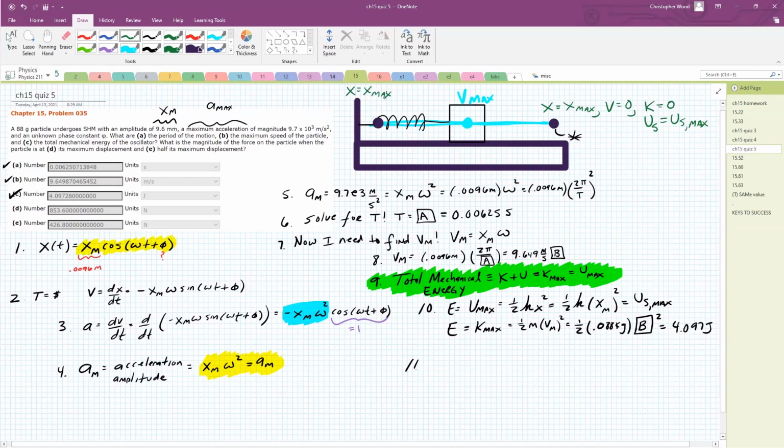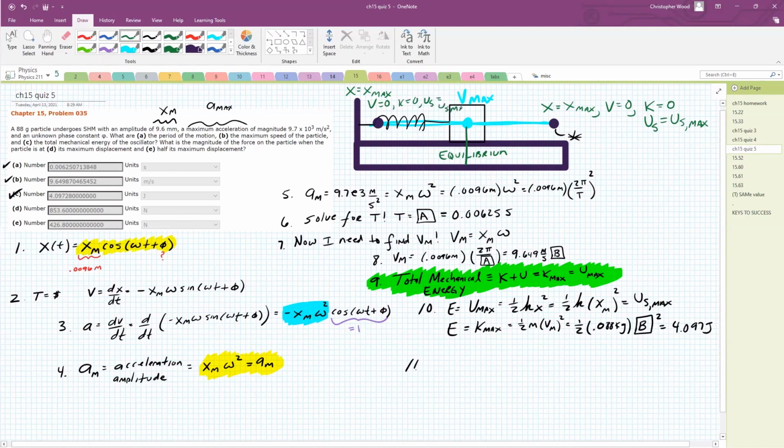I can see why you would, but amplitude is basically saying, what's the magnitude of the displacement with respect to the equilibrium point? This is the equilibrium point, that midpoint between those two extremes. At this far point, v equals 0, K equals 0, U_s equals U_s max.